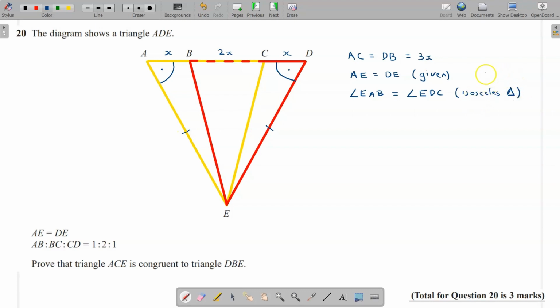So what I've got here is what we call side, angle, side. So I just need to say the triangle ACE is congruent to DBE, proved by SAS.